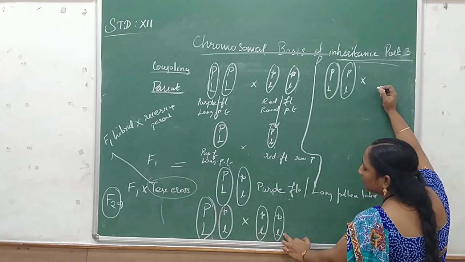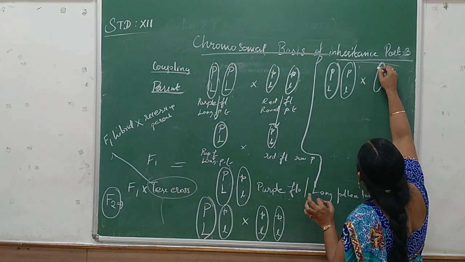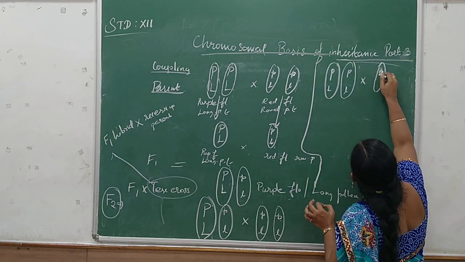These both gametes are same, so we write one possibility gamete, small p and small l.